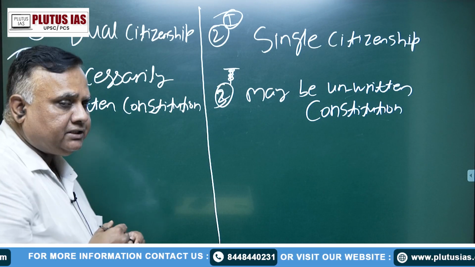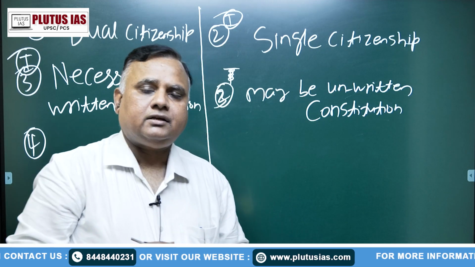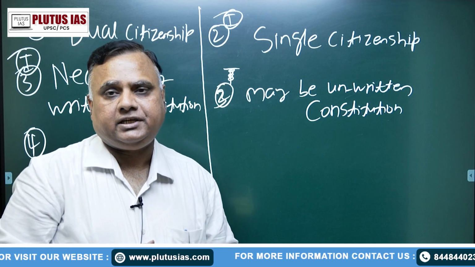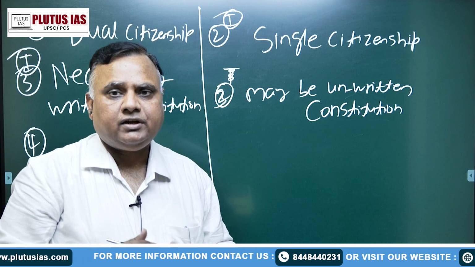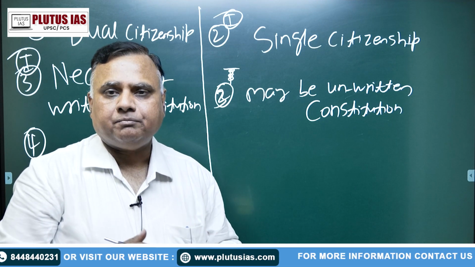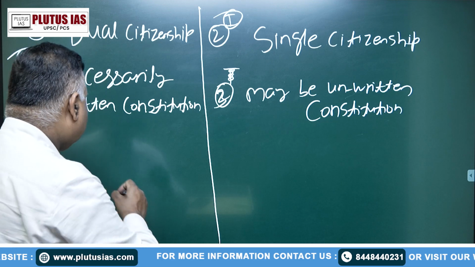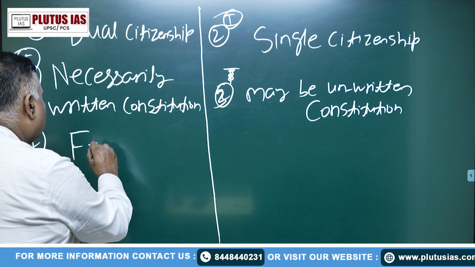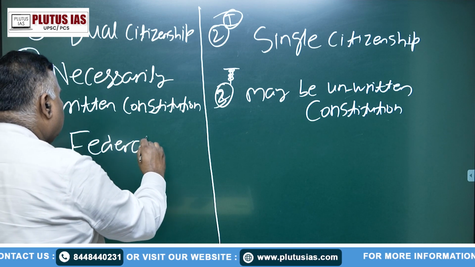Fourth point, as I mentioned earlier, if stronger centers encroach on weaker states, where will they move, where will they seek justice, who will protect them? So here there is a federal court.